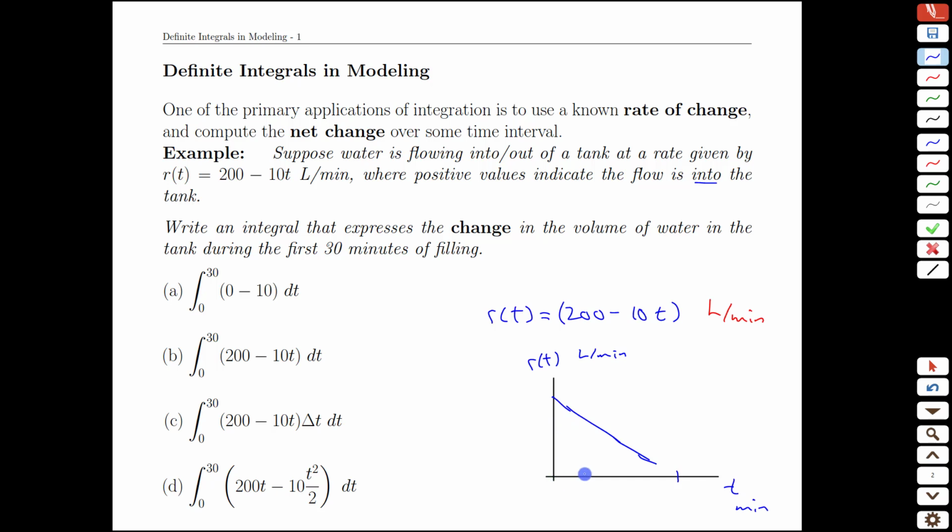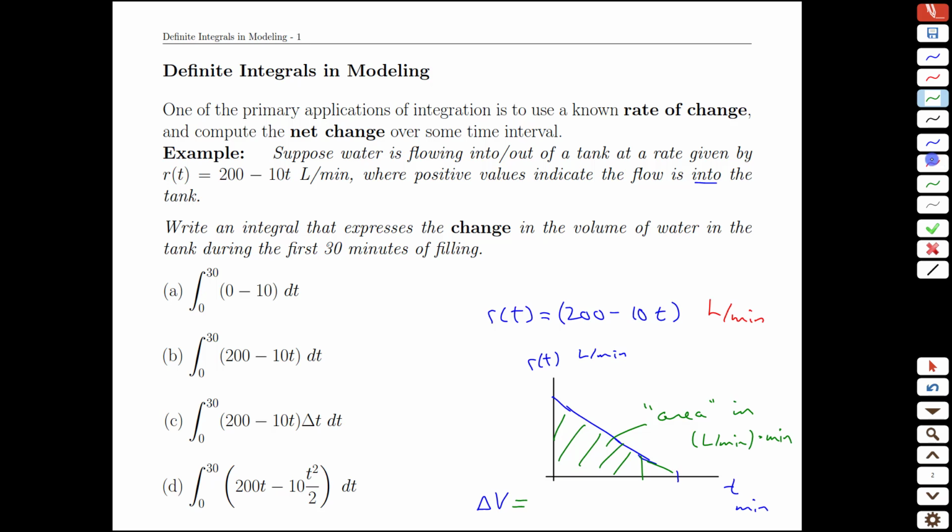What we care about is how we would go from this to a change in volume. Well, a change in volume is a number of liters. So imagine shading out the region underneath this graph. That area, in quotes, would have units of liters per minute times minutes. And that points to an integral being what we want to calculate for the change in volume.